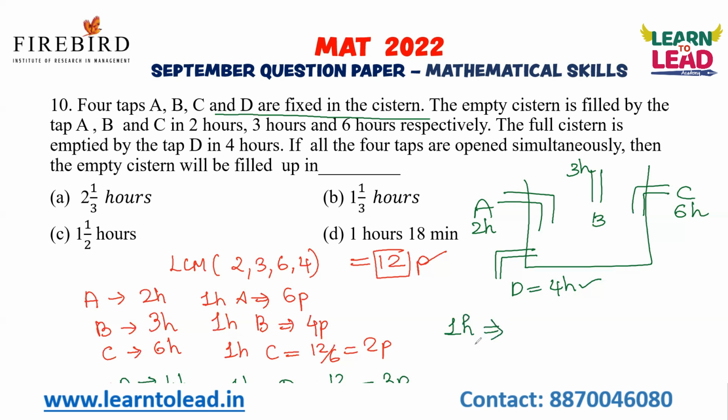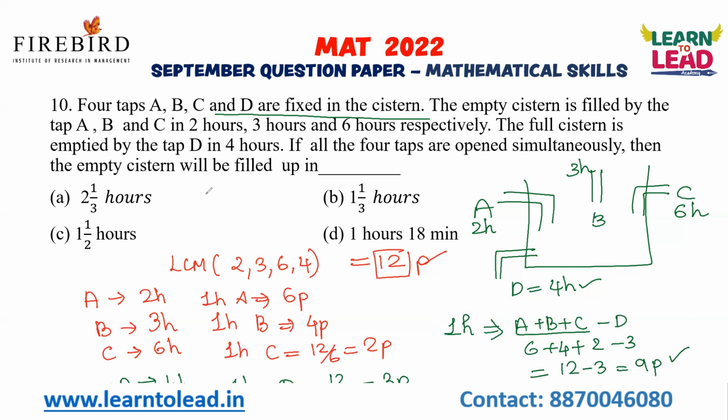If all the 4 taps are open simultaneously, A, B, and C will fill the tank and D will empty the tank. So add the individual 1 hour work of A, B, and C taps: 6 plus 4 plus 2 minus 3. So 12 minus 3 is what? 9 parts. In 1 hour, if all the 4 taps are opened, 9 parts will be filled.